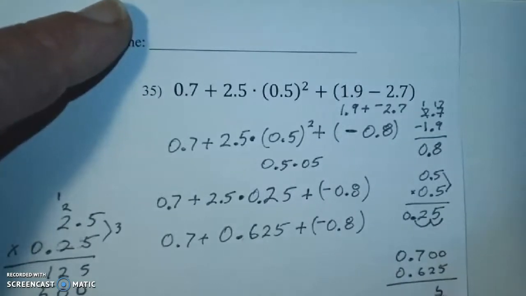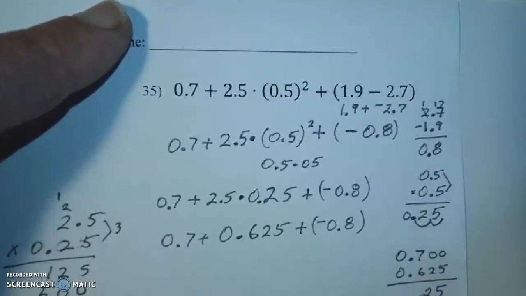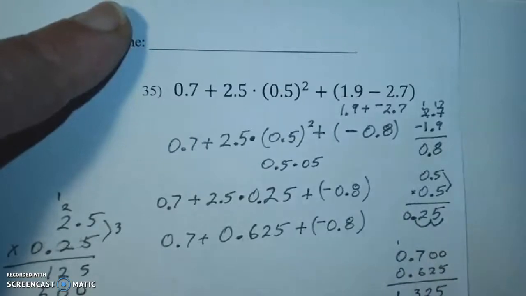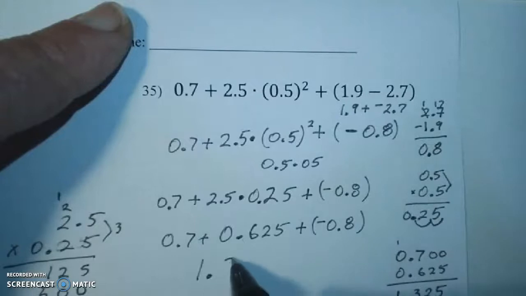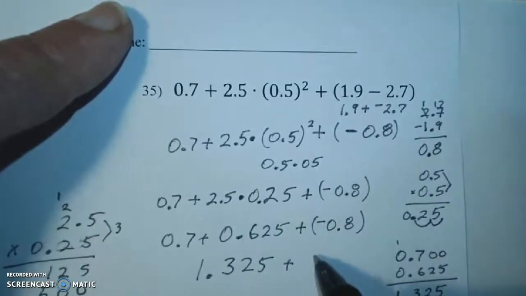So I get 5, I get a 2, 6 and 7 will be 13, so I put down a 3, I'd carry a 1, and 1 plus all those zeros is just 1. The decimal point stays right in a row when you add and subtract decimals. So that is the answer for adding those. You get 1 and 325 thousandths plus a negative 8/10.